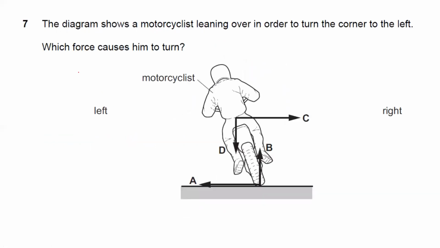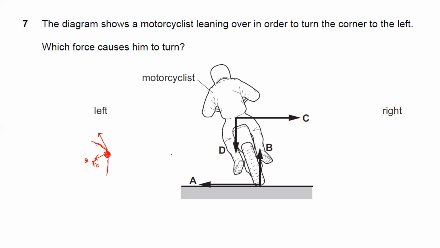Next, question 7, it says the diagram shows a motorcyclist leaning over in order to turn the corner to the left. Which forces cause him to turn? Remember that if a body is moving in a circular motion, this is the direction of motion, and the centripetal force is the one that is responsible for moving this body in a circle.